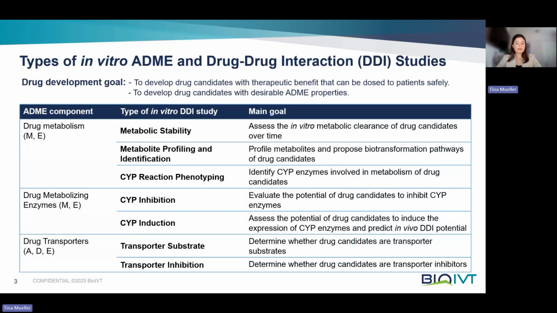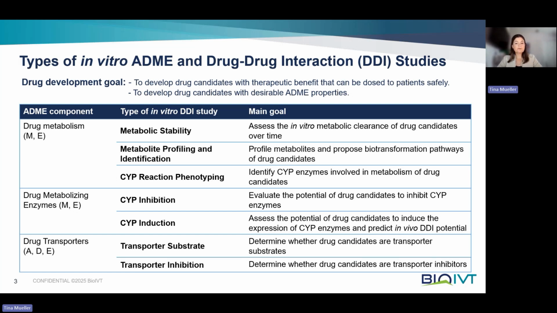Before we dive deeper into CYP induction, let's look at the bigger picture of in vitro ADME studies and how CYP induction fits within the context of the common in vitro drug-drug interaction or DDI studies that are typically performed for small molecules. As we all know, the primary goal in pharmaceutical research is to develop drugs that provide therapeutic benefits while ensuring a patient's safety.